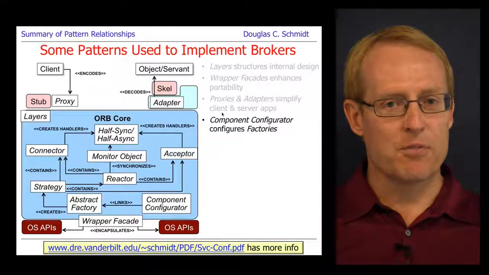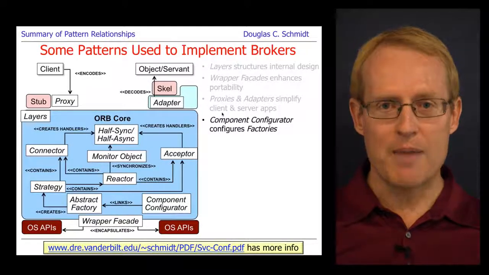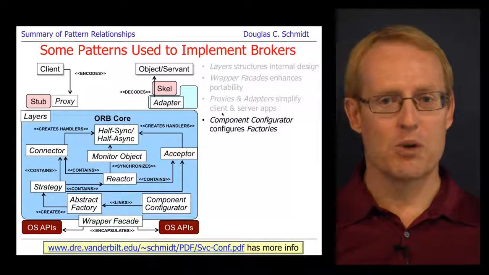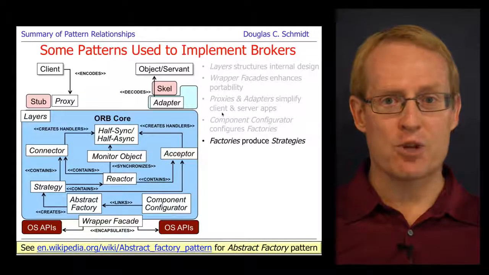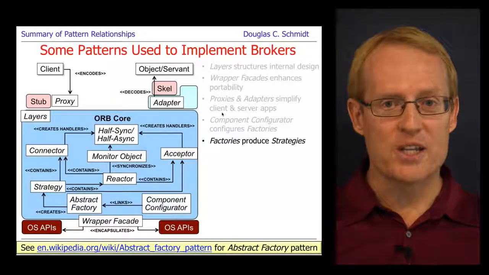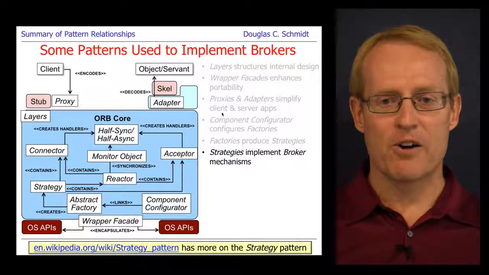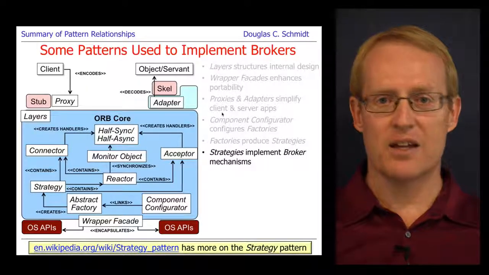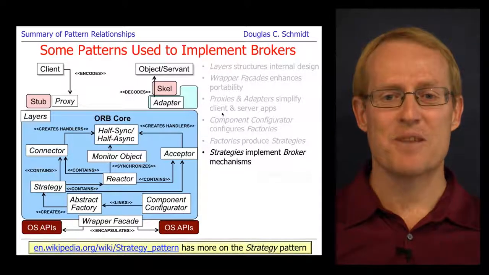We apply something from POSA 2 called component configurator, which makes it possible to dynamically configure factories, which is a Gang of 4 pattern. And we have these factories create strategies, which is another Gang of 4 pattern. And these strategies are then used to implement various broker mechanisms for concurrency, synchronization, multiplexing, demultiplexing, marshalling and demarshalling, and so on.